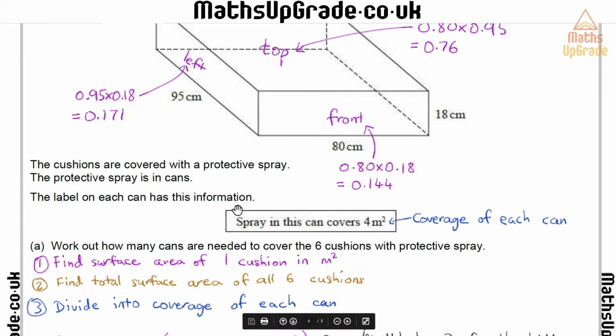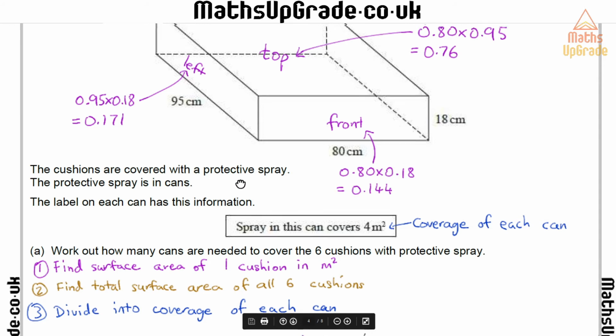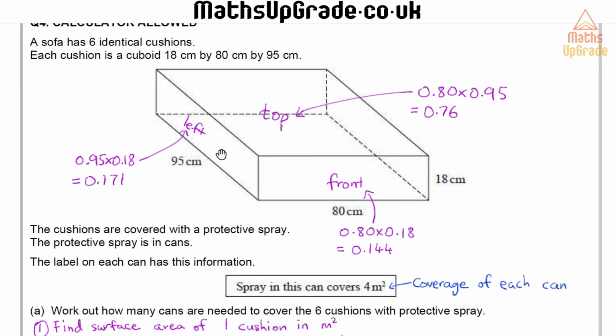So let's find the surface area of that first cushion. So essentially, the faces that you can see here are all just rectangles. The left face here is 95 centimeters by 18 centimeters. I'm going to turn these dimensions into meters first of all.